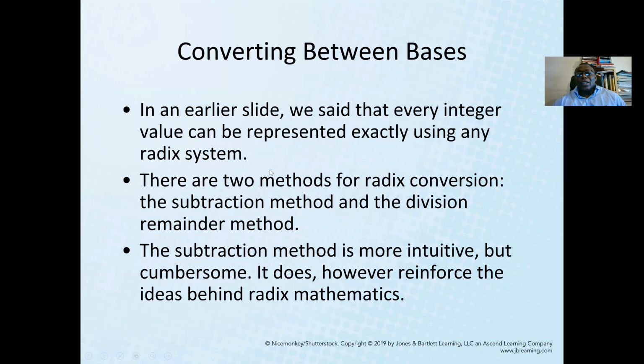In the earlier slide we saw some examples, but there are two methods for base conversion, radix conversion: the subtraction method and the division remainder method. The example I gave with 25, converting it to binary, I used the division remainder method. You divide the value by the base and keep the remainder until you reach the last value.